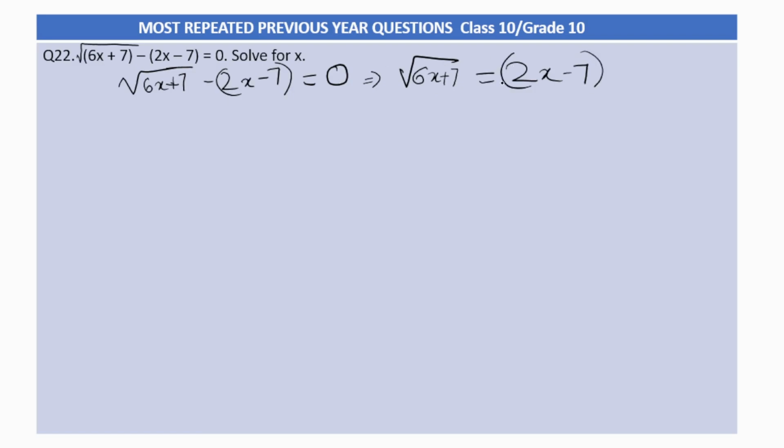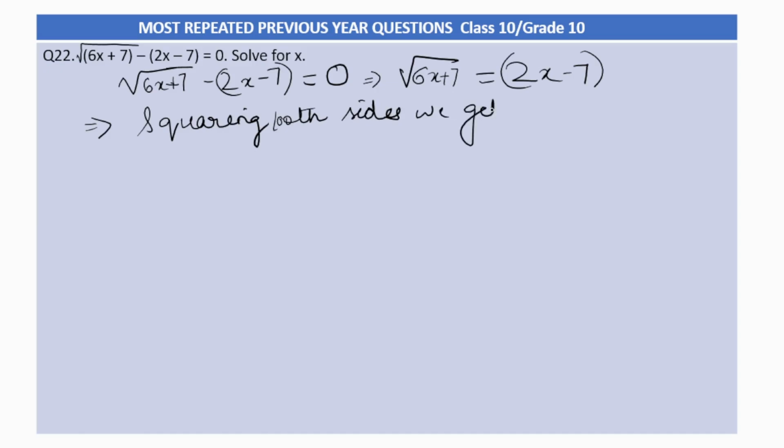So here the sign changed. So it's 2x minus 7 here instead of minus. So now what we can do is squaring both sides. If we square a term which has a square root, what will happen? The square root will go, right? Squaring both sides, what do we get?